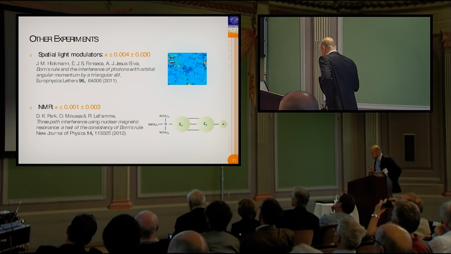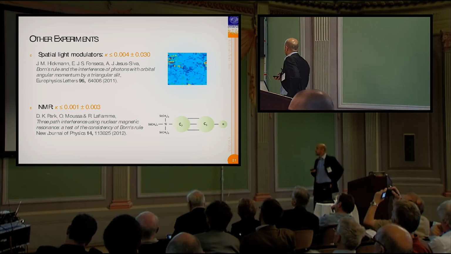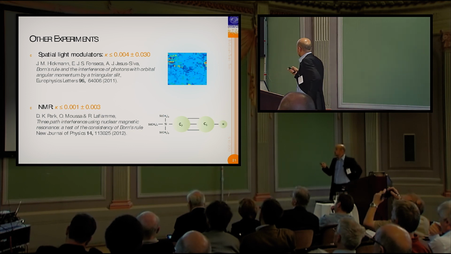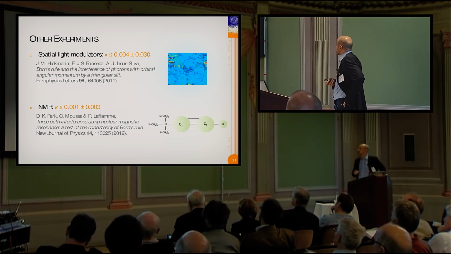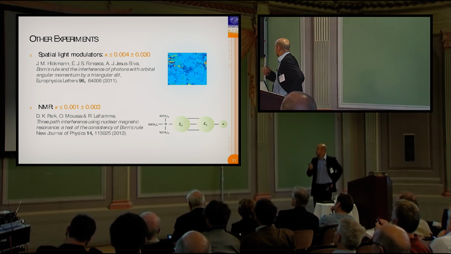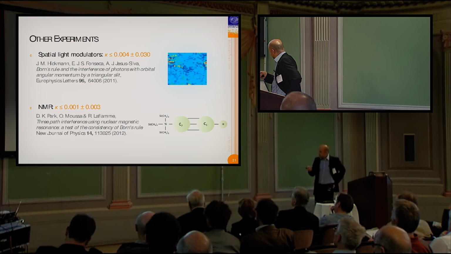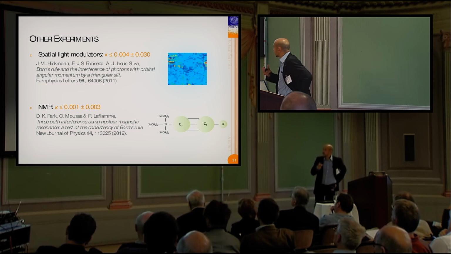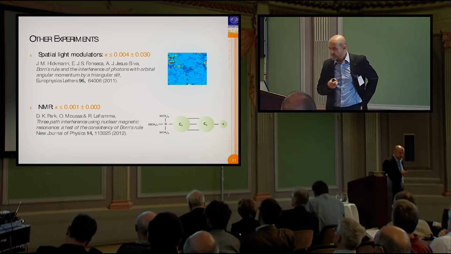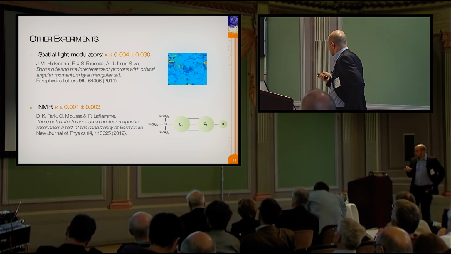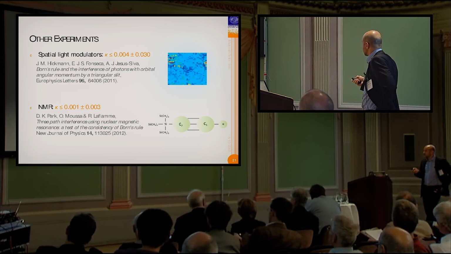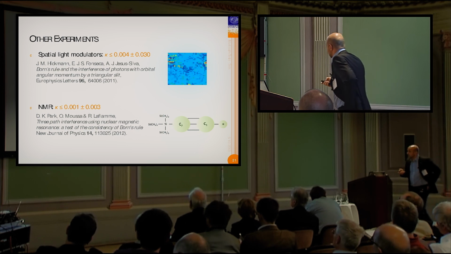And I should also mention that other experiments have been done, because eventually you would not like to do this all in the same system. So this also uses photons and used some kind of imaging and spatial light modulator equipment to do the various combinations. And then the only experiment that uses a significantly different physical system is done in nuclear magnetic resonance with measurements of certain occupation probabilities of spin states in this molecule here.